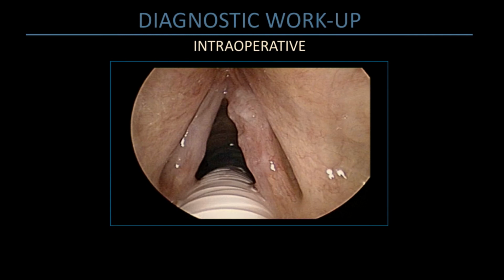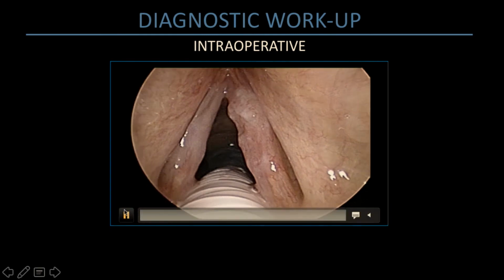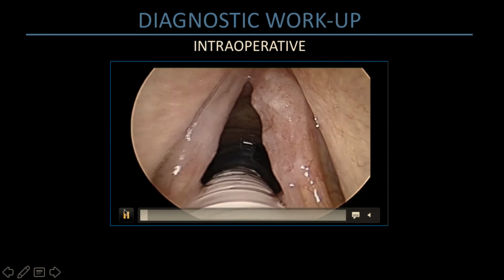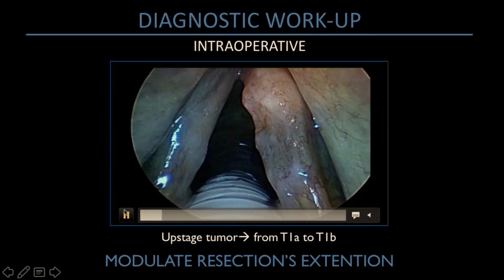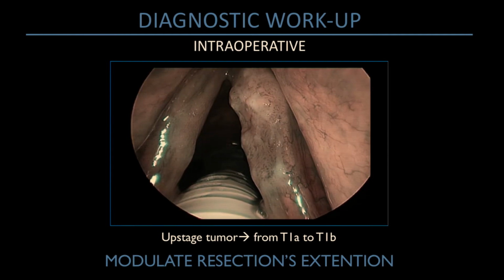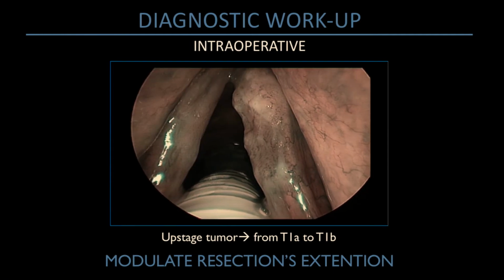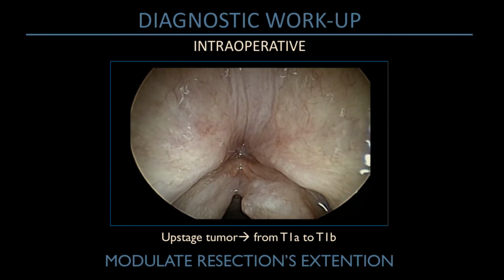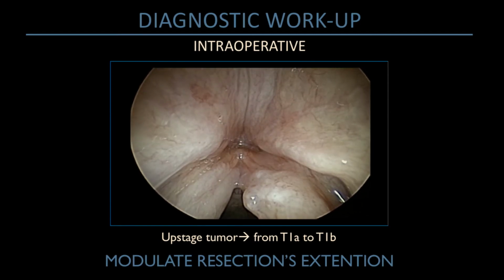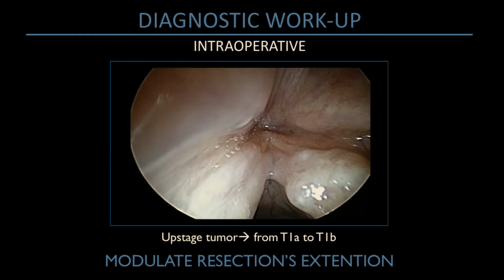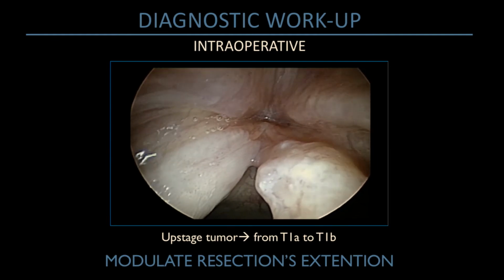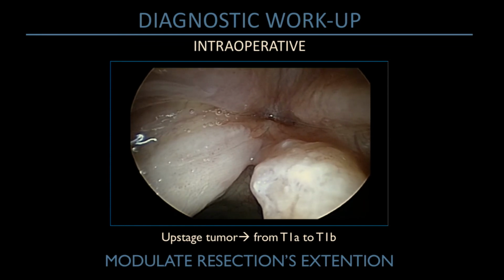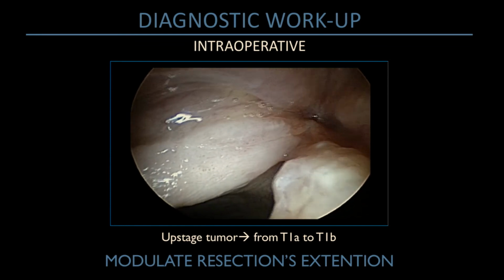This is an example of a patient in the OR with the 0-degree telescope. You can appreciate this lesion of the right vocal cord. With NBI, you can confirm the suspicion, as we can appreciate many dark spots. With the 70-degree, you can better define the anterior commissure, and you can also see some dark spots on the left vocal cord here.